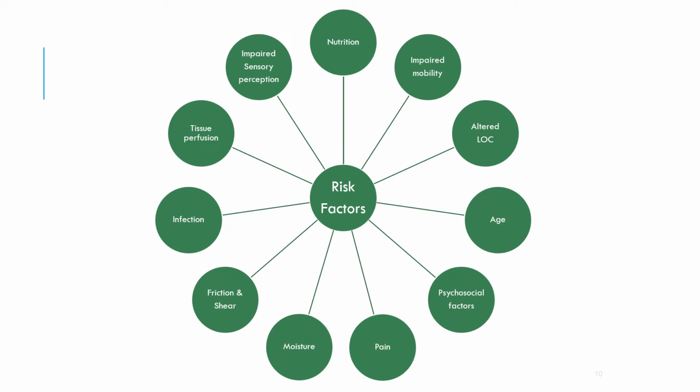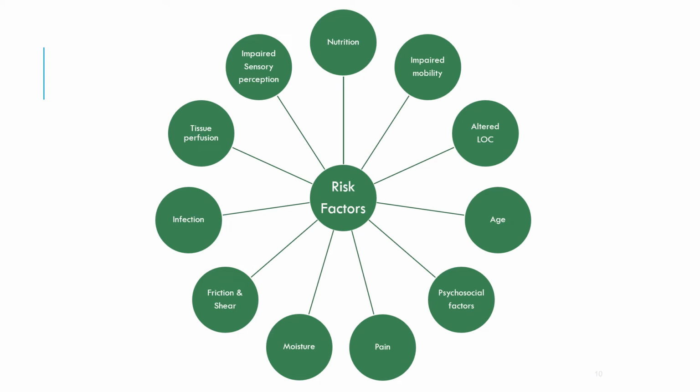Next is incontinence. The skin becomes more vulnerable with extended exposure to urine and stool, so that excessive moisture can cause pressure ulcers. And next is the lack of sensory perception due to spinal cord injury or other neurological disorders, or, as we discussed previously, diabetic neuropathy.